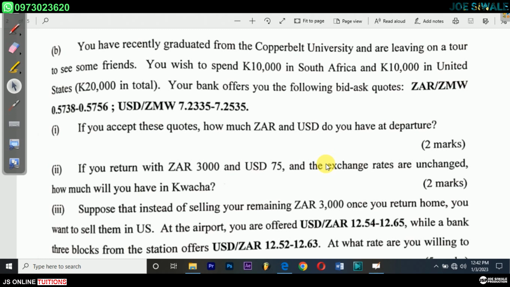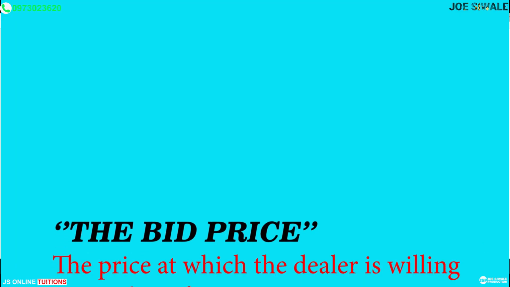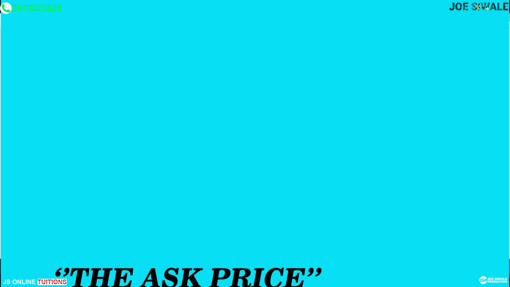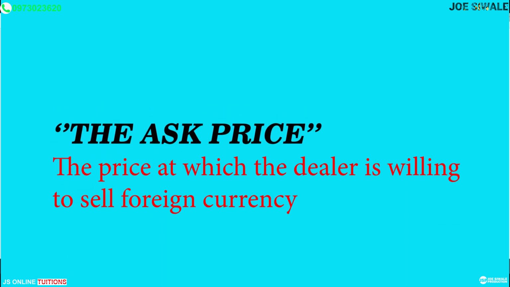So before we proceed with this question, we need to understand the important terms that are in the question. So we have the bid price and the ask price. The bid price is the price at which the dealer is willing to purchase foreign currency. Then the ask price is the price at which the dealer is willing to sell the foreign currency.